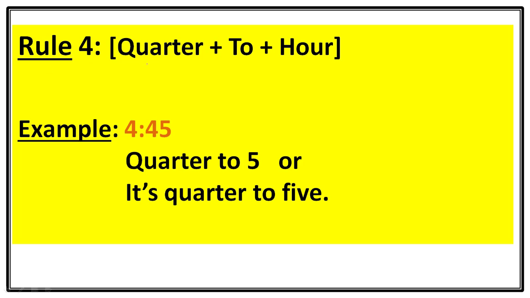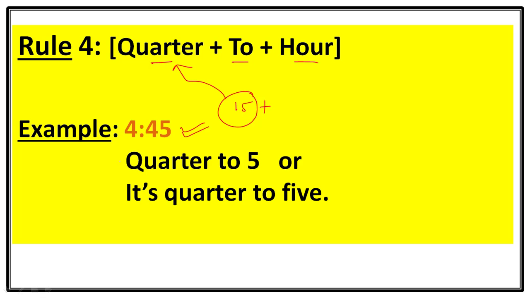Let's see rule number 4, which says quarter plus to plus hour. I have taken an example, 4:45. This is the time. It means 15 minutes are remaining in completing 5. So how will we use it here? Again, we have to add 15 minutes, so for 15, we have to use quarter.